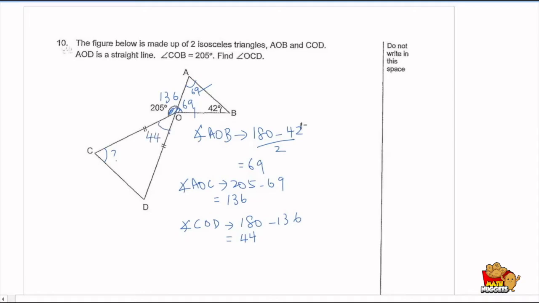So if I know that's 44 degrees, I can find angle OCD already. 180 minus 44, and I divide it by 2, which is 68 degrees.